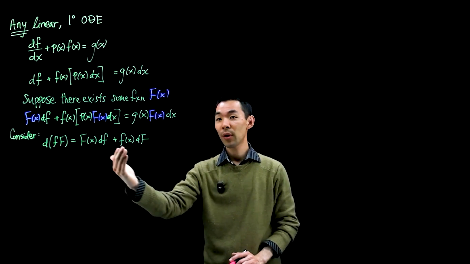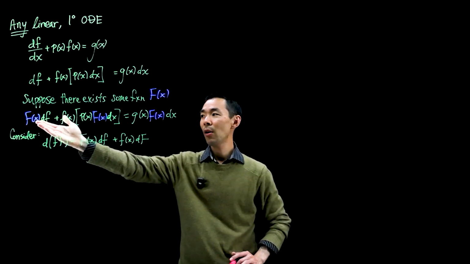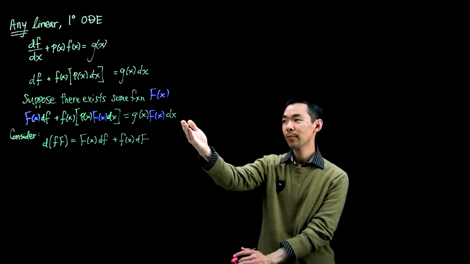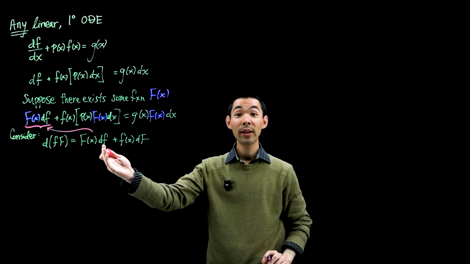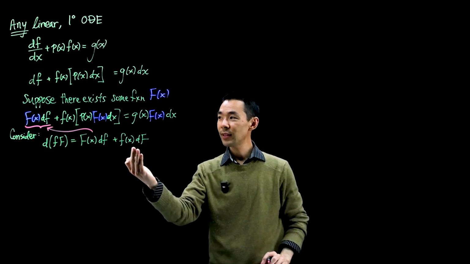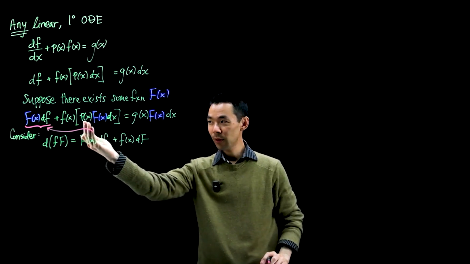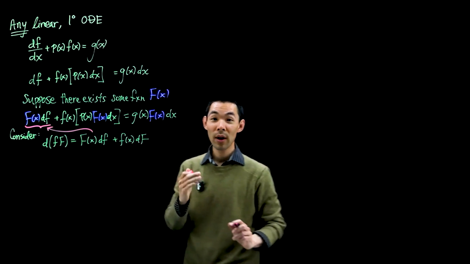Of course, you just use the product rule, and you get the expression on the right. Now, when you think about our original equation, you can see that this first term already looks just like the first term from above. And the second term almost looks like the second term from above, with one condition.